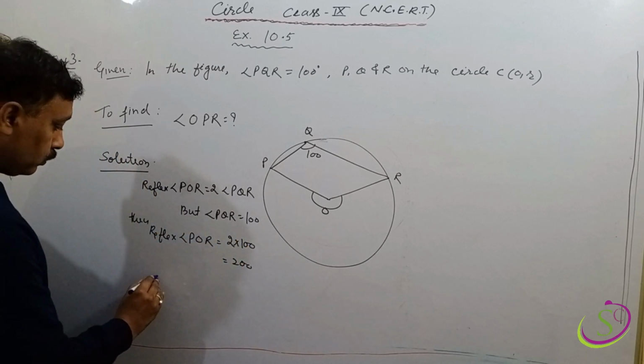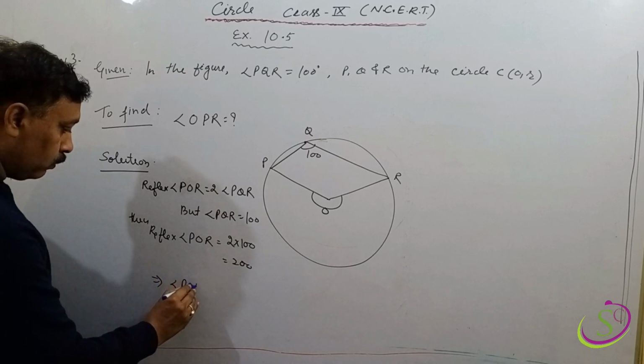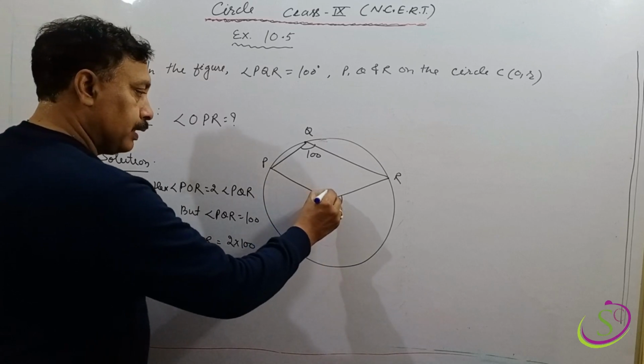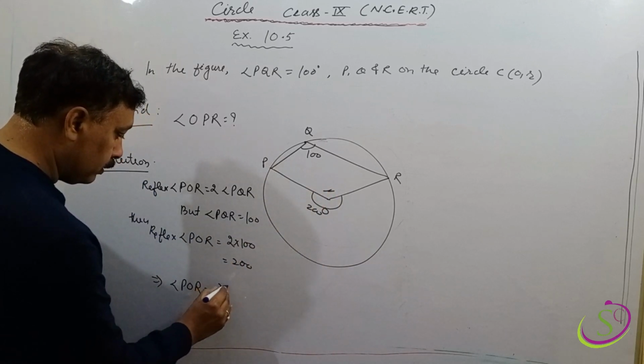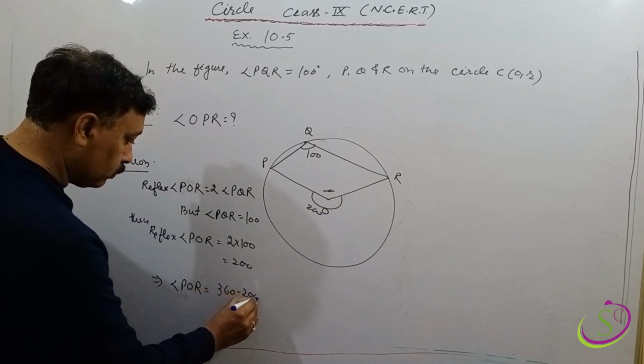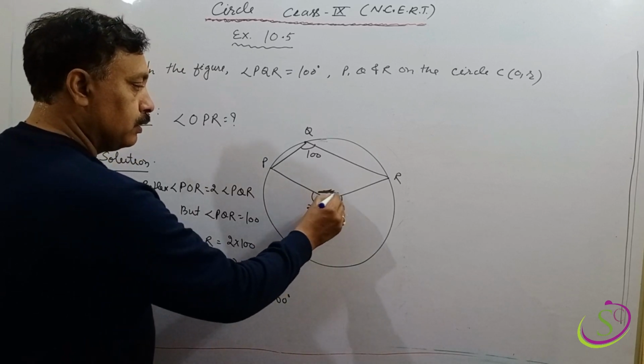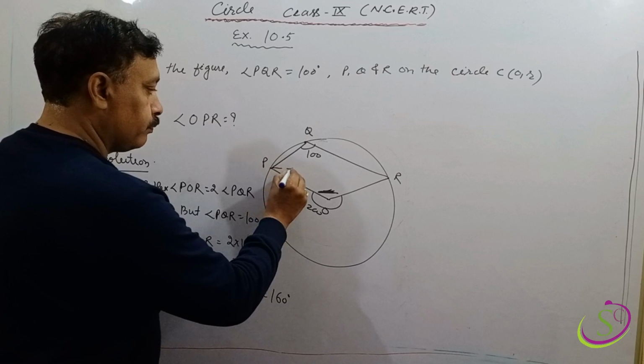Clear? So the angle POR, this angle, will be 360 minus 200, that is 160 degree. यानी this angle is 160 degree.